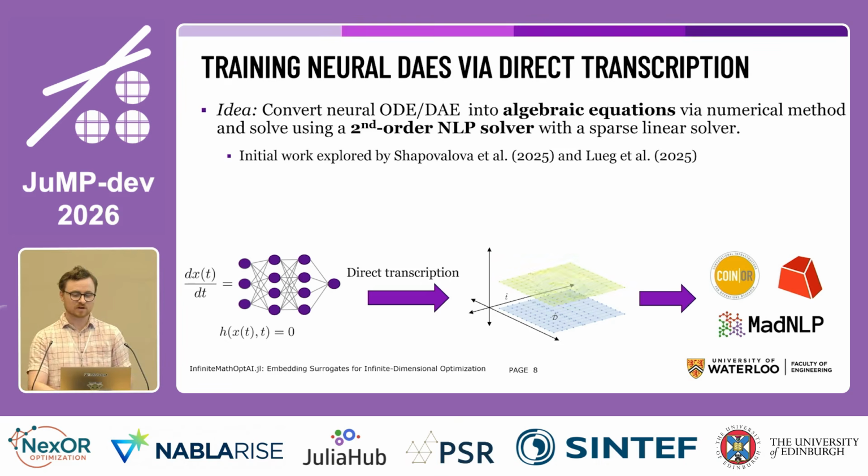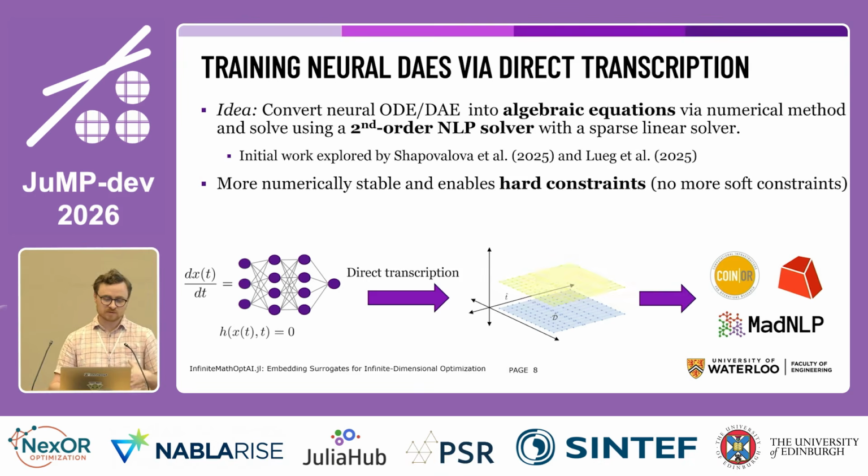There's some initial work on this that showed it was a good idea, that they were able to more consistently train these because it was more numerically stable, especially if you had stiffness in your equations. And you can also add on hard constraints kind of for free. So physics informed, but you don't have to worry about tuning weights or anything like that.